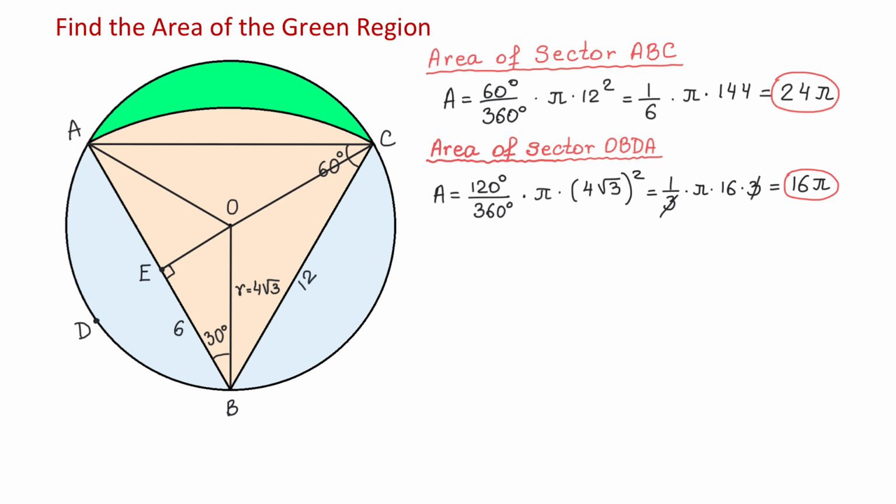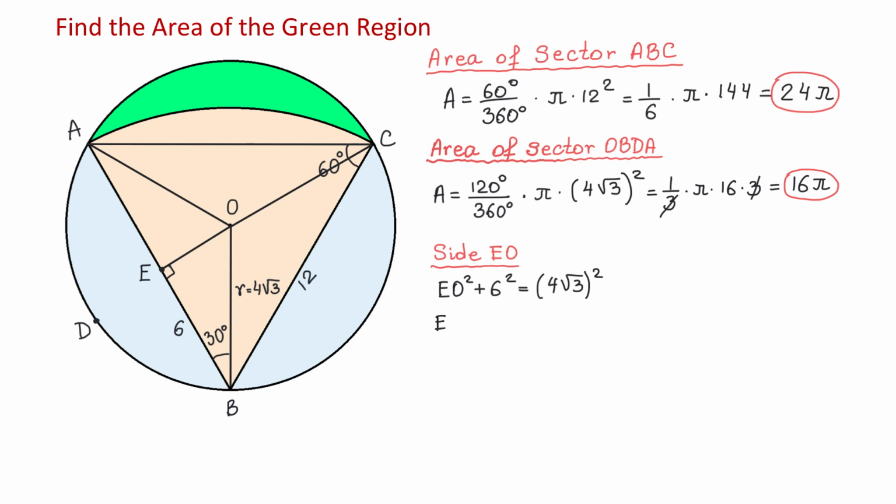In the next step, we will find the area of the triangle ABO. To find the area, first we will have to find the height EO, and we will find it using the triangle OEB and the Pythagorean theorem. According to the Pythagorean theorem, side EO squared plus side EB squared equals the hypotenuse squared. So again, EO squared plus 6 squared equals 4 square root of 3 squared.